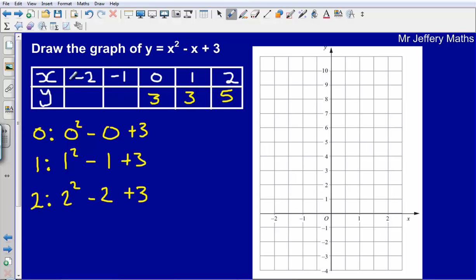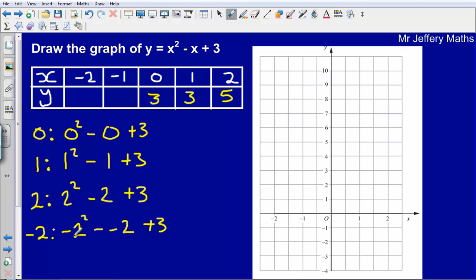Now I've left these ones till a bit later because they're slightly more difficult. Let's take a look at minus 2. So we've got minus 2 squared minus minus 2 plus 3. Now these ones catch people out, usually just due to making mistakes with the negative numbers.